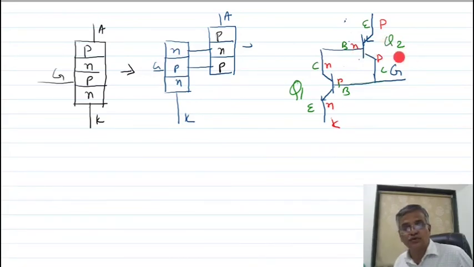As a result, Q2 will conduct. The collector current of Q2 now becomes the base current of Q1, and the collector current of Q1 is the base current of Q2.